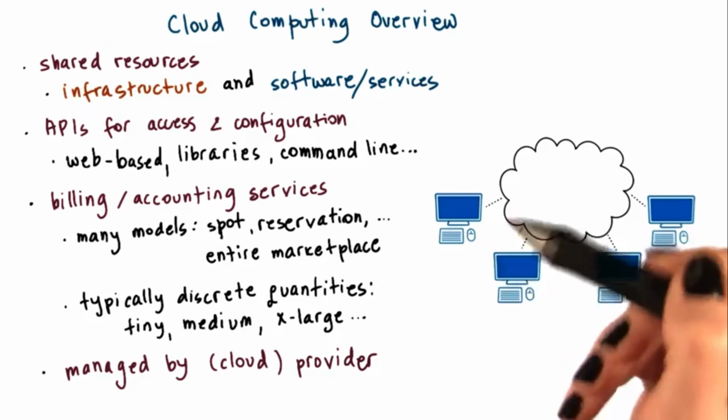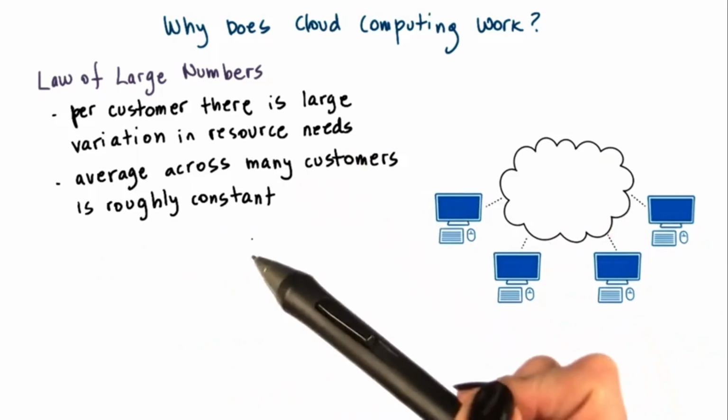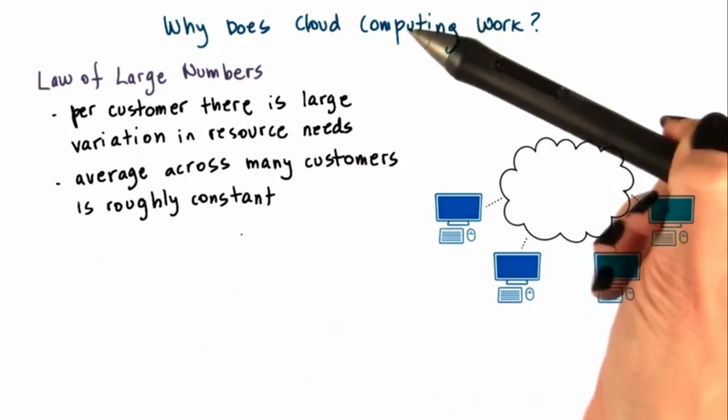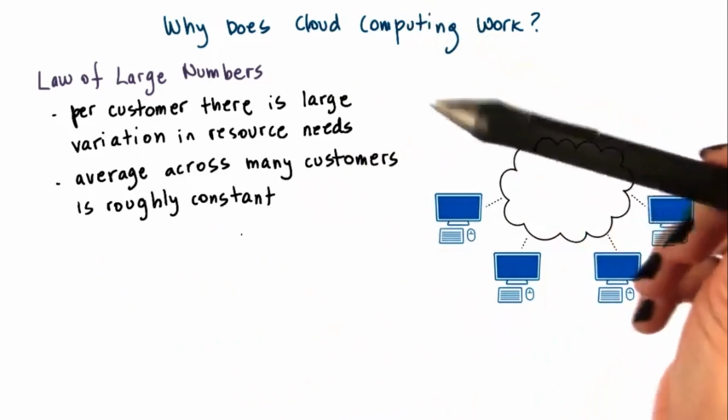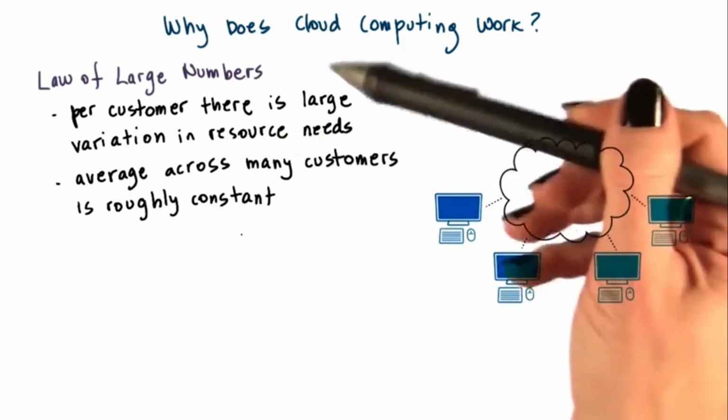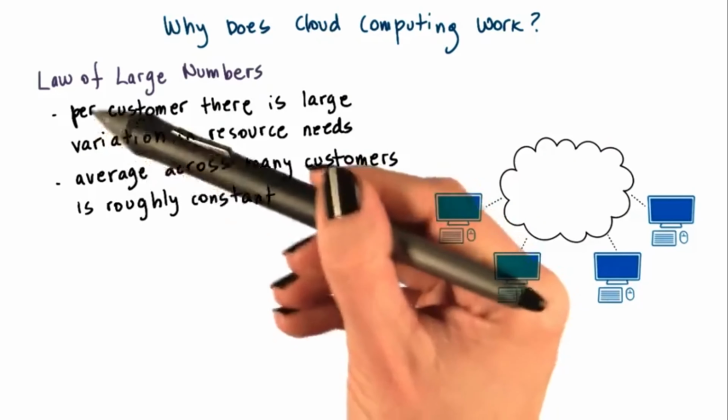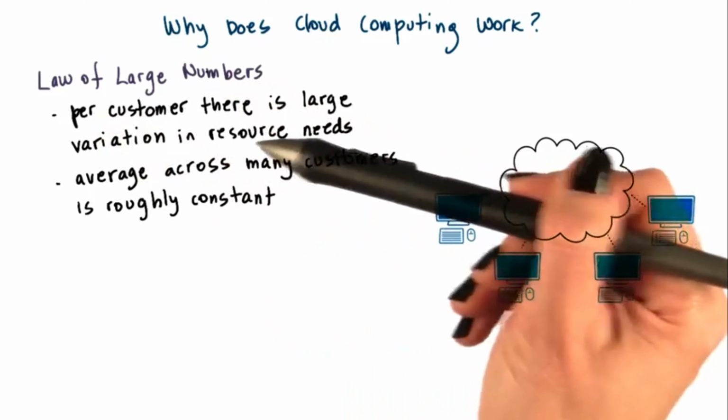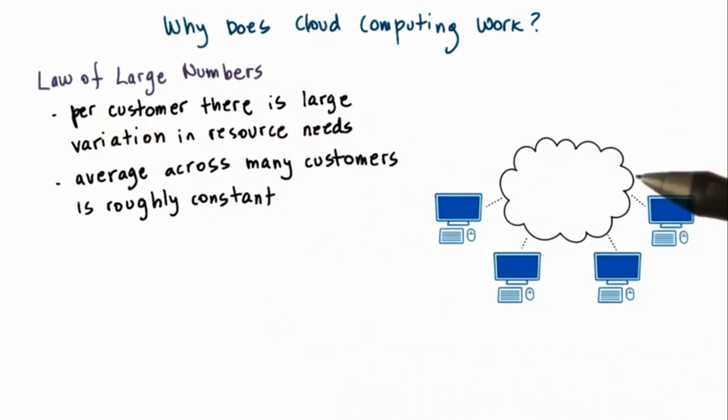This says that once you start considering many customers whose resources may vary over time, the average across all of them will tend to be fairly constant. That's why a cloud computing provider can pick an amount of resources, a capacity for the cloud, and with that capacity can service lots of customers whose peaks in the expected demand are shifted in time.